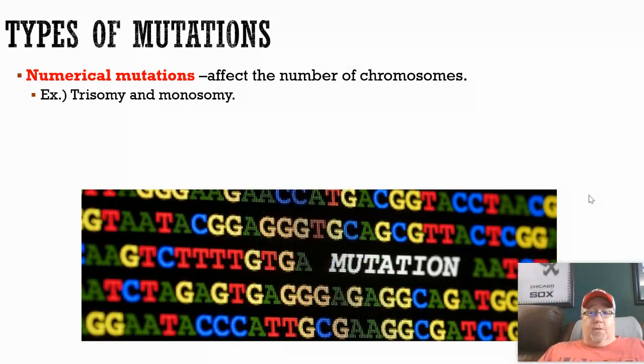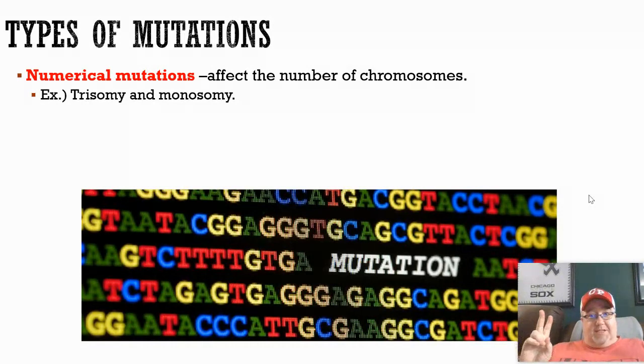So a lot of times when people have Down syndrome, or Edwards syndrome, or Klinefelter syndrome, it's not just one gene that's affected, it's all the genes on that chromosome. So if you have an extra 21st chromosome, a trisomy, there are a lot of genes on chromosome 21, so there are multiple things that are impacted.